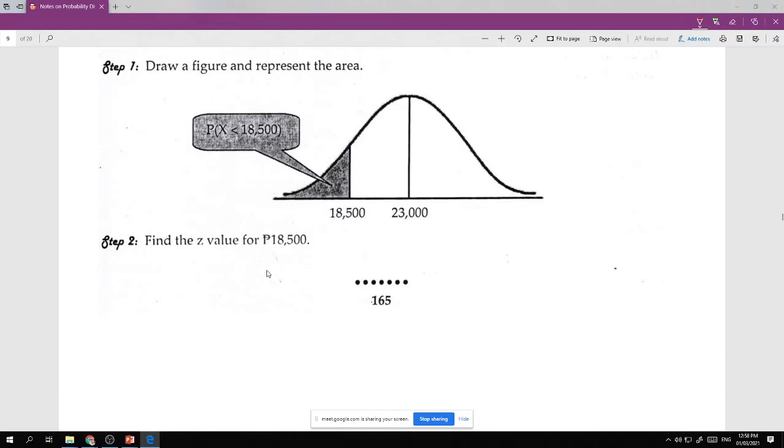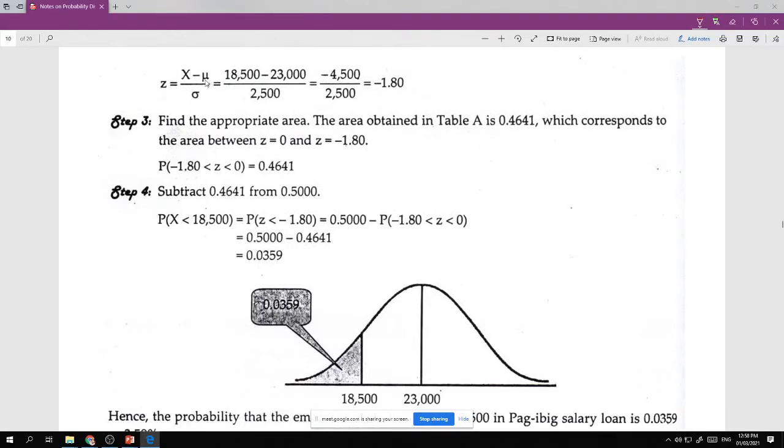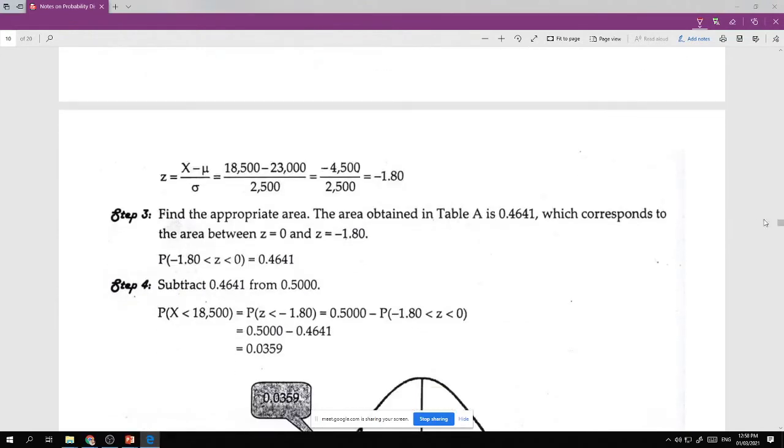So the X is 18,500. We use it in the formula. Our mean was 23,000, and our standard deviation was 2,500. Do you get the process here, Section Galileo? Yes, sir. And then you just solve that.